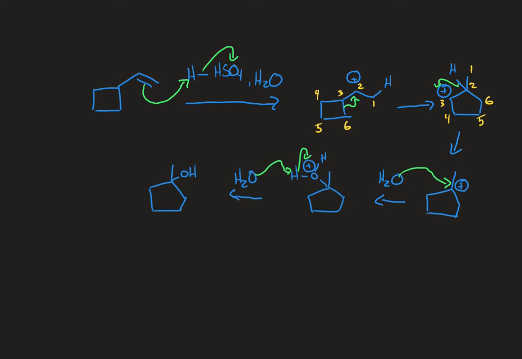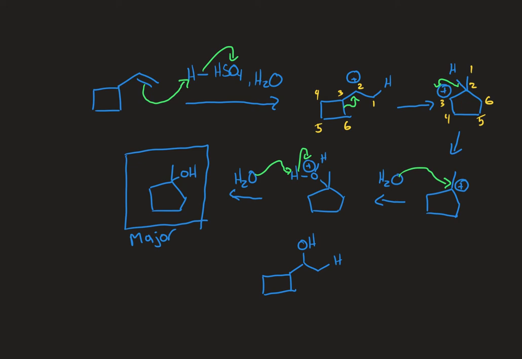I think this is the major product of this reaction, but it's probably not the only product of this reaction. There are a couple other carbocations that are formed in this reaction, and so I expect that this carbocation here could have been attacked, and that would give you that product.